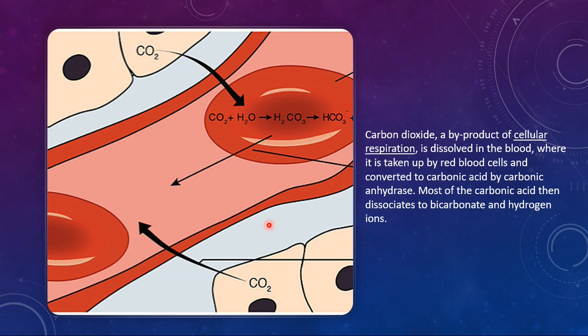So let's have a quick look at this picture. Carbon dioxide, a byproduct of cellular respiration, is carried by the RBC, which carries the oxygenated and deoxygenated blood. Inside the RBC, carbon dioxide plus water gives rise to carbonic acid, H2CO3, and that gives rise to bicarbonate by releasing protons.